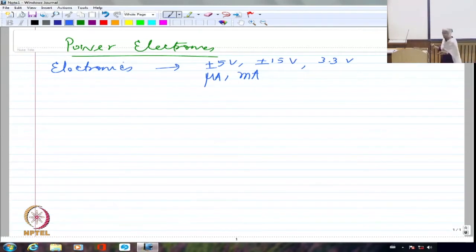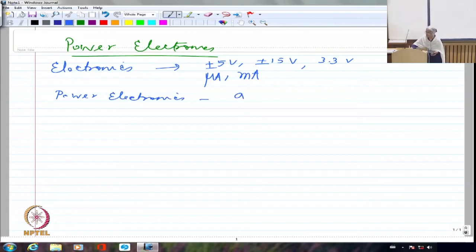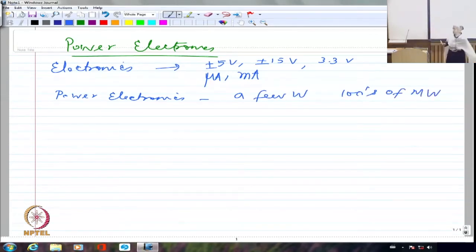Power electronic circuits can handle right from a few watts to tens or hundreds of megawatts. So they can handle a wide range of power. Typical applications.